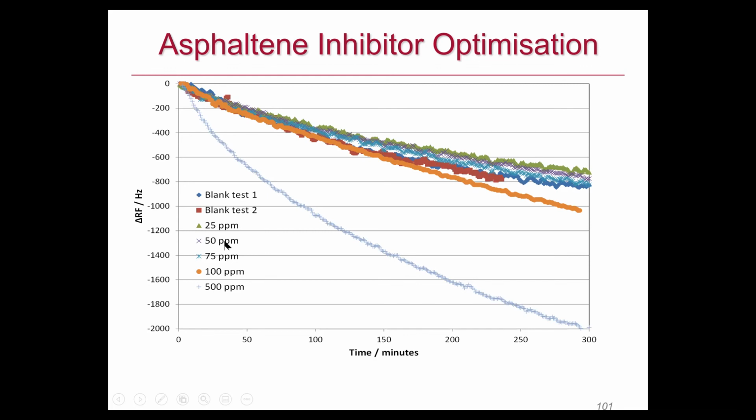If you use 25 ppm inhibitor, you see that deposition is reduced. 50 is a bit more. 75, a bit more. So the best one is 25. If you use 100, it would be here. If you use 500, deposition is more. So sometimes the inhibitor can increase the asphaltene problem.